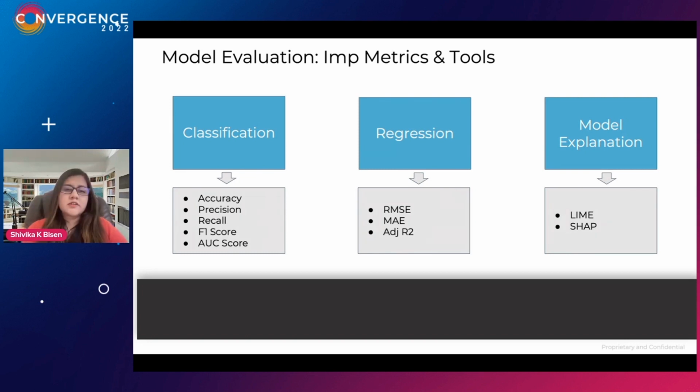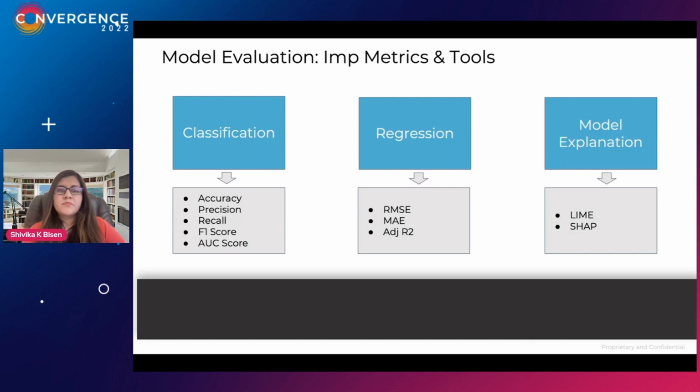And then there is another problem, which is regression. Regression is when your output is in the form of a continuous number. Say, for example, if your model is trying to predict house prices, that's a regression problem. And for that, good metrics to evaluate are RMSE, which is root mean square error, MAE, which is mean absolute error, and adjusted R-square.